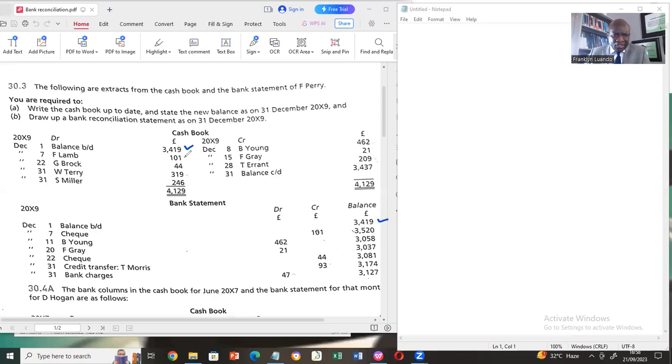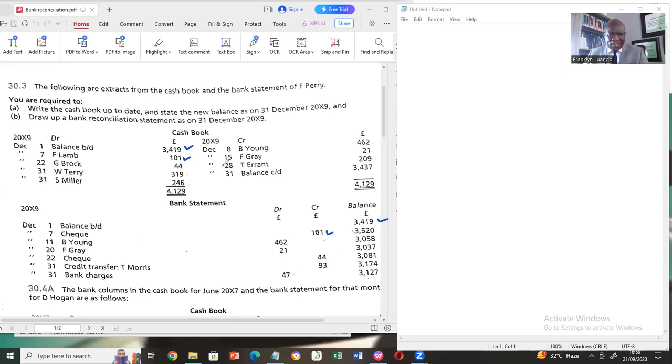So we received, and that check was cleared. So now I want you to understand that an entry on the debit side in the cash book will be on the credit side on the bank statement. That's very important. Similarly, a credit entry on the cash book will be a debit entry on the bank statement.